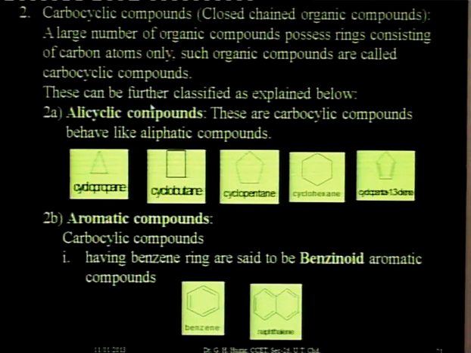These can be further classified as explained below. They are alicyclic compounds, there is a complete cycle, and their properties resemble aliphatic hydrocarbons, and therefore, their names start with cyclo and end with alkane names. So, there are so many examples, you can just quote it. So, here is cyclopropane, cyclobutane, cyclopentane, cyclohexane.